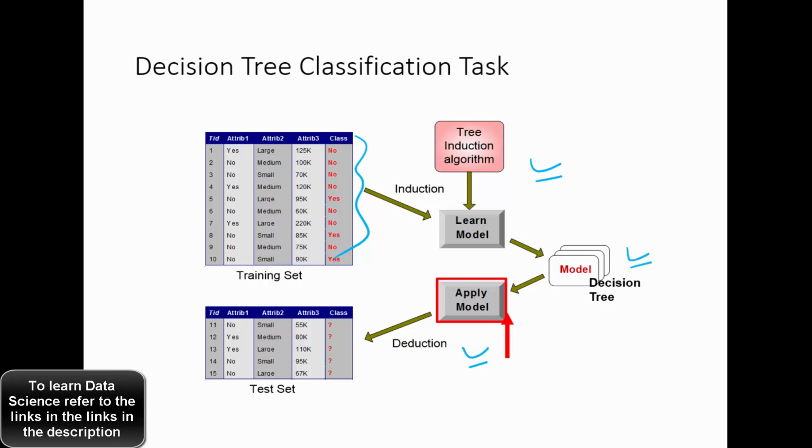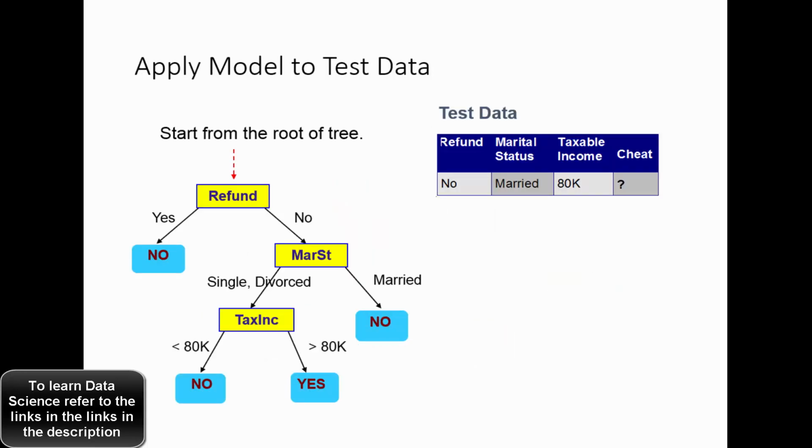We ask what the class is going to be for someone with this. It could be yes or no, based on the model. You look at the model, get into the details of the decision tree, and apply it to the test data.